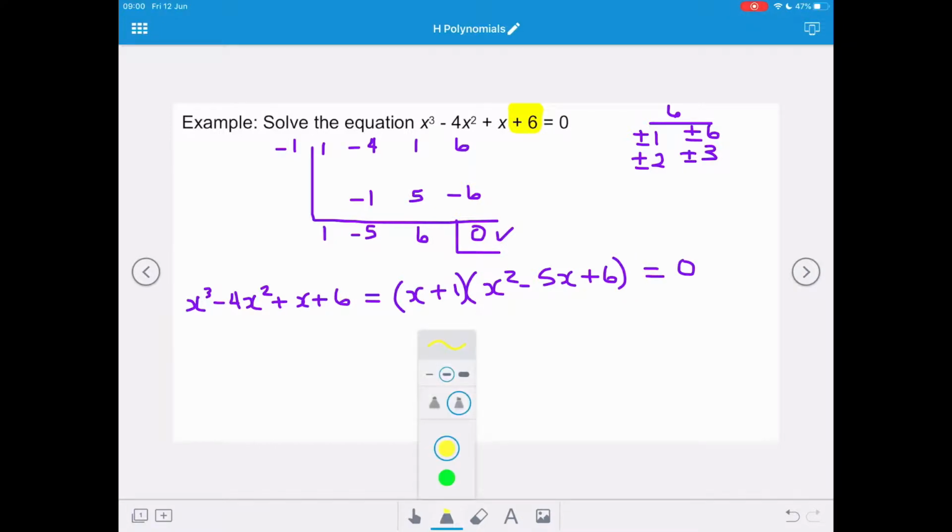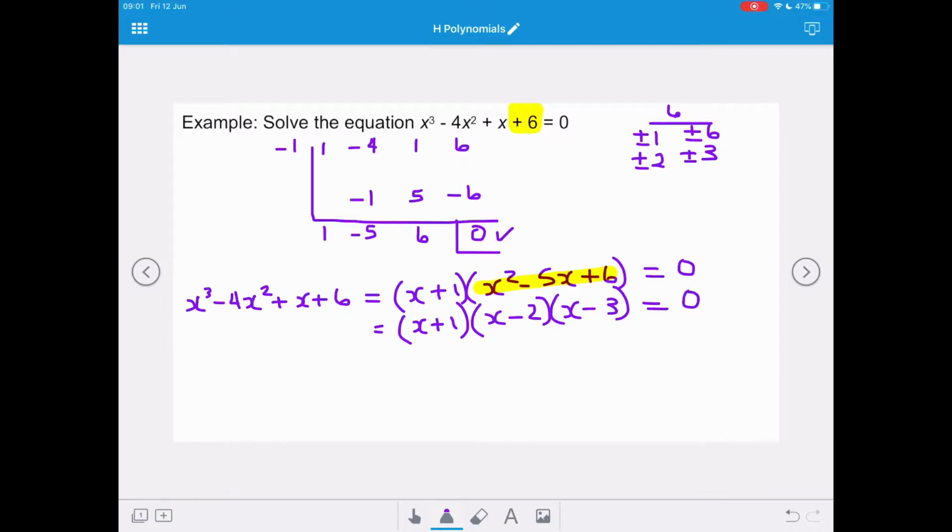We need to factorize fully, so we need to factorize that x squared minus 5x plus 6. So we're going to get x plus 1, and we need to think of factors of 6 that are both negative that are going to give us a negative 5 when we add them together. So we're going to get x take away 2 times x take away 3, and that's going to all equal 0.